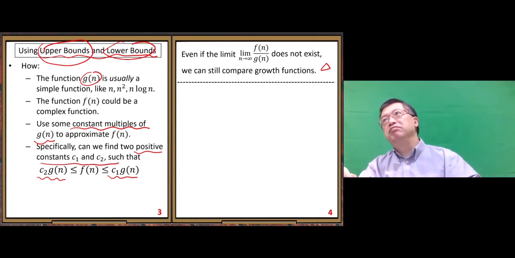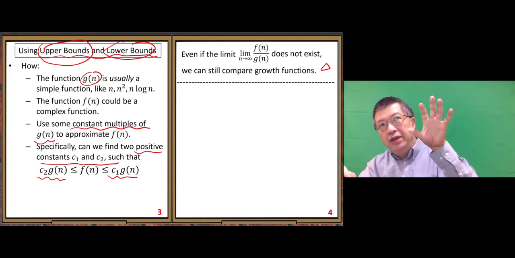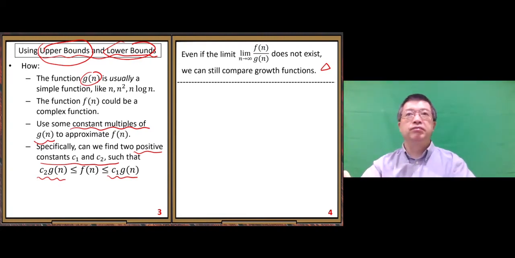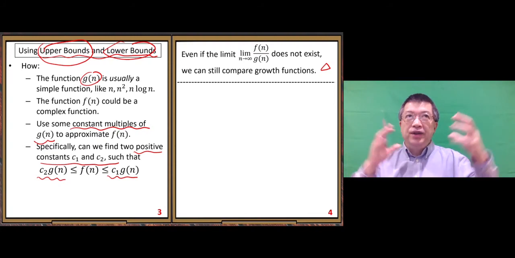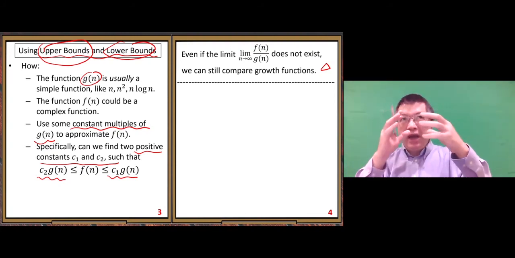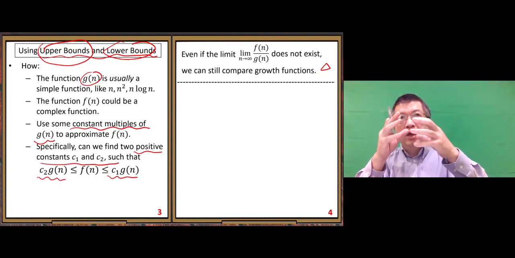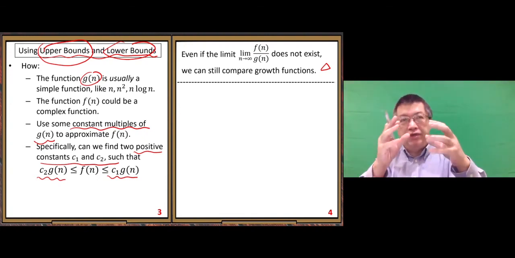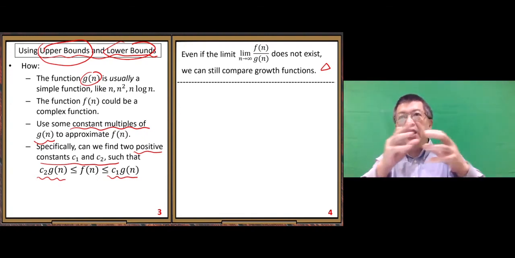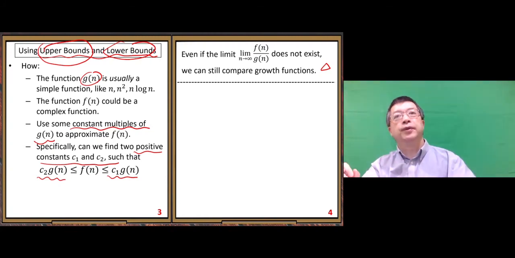That's the main thing we need to do. If you can find this kind of relationship, then you can describe the relationship for order of growth between f of n and g of n.